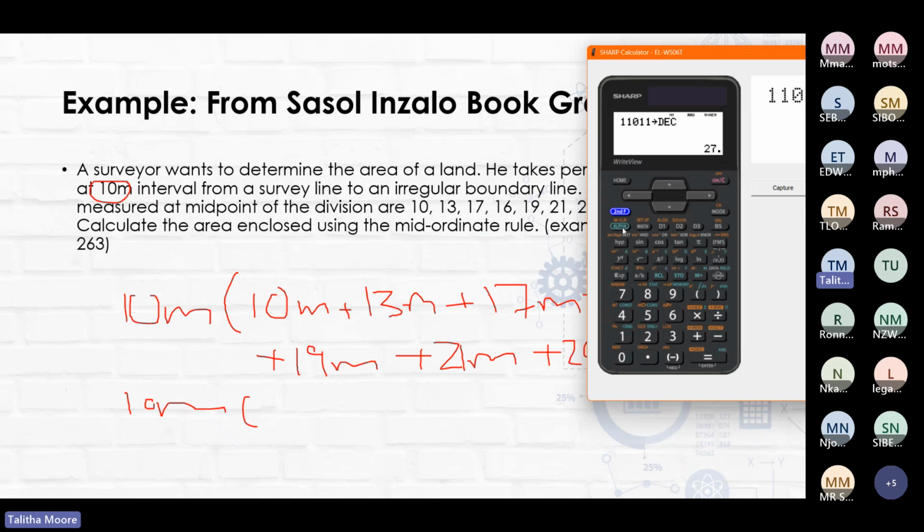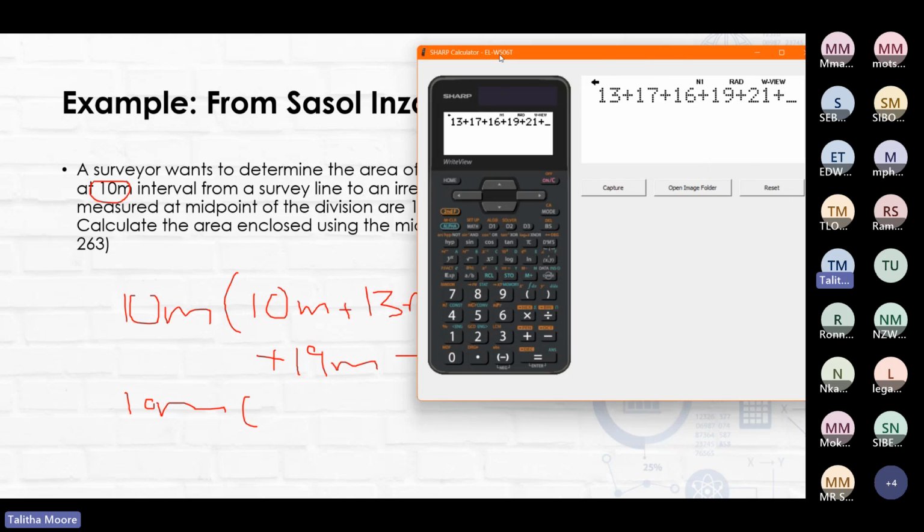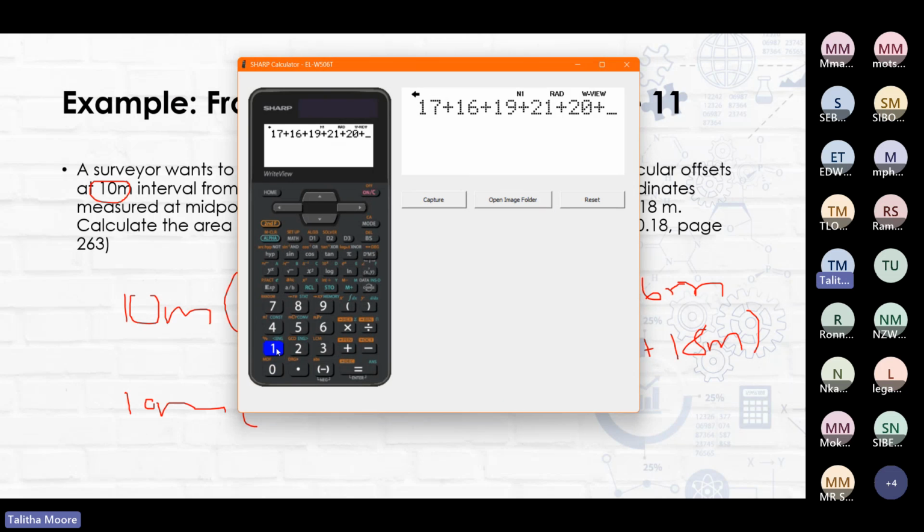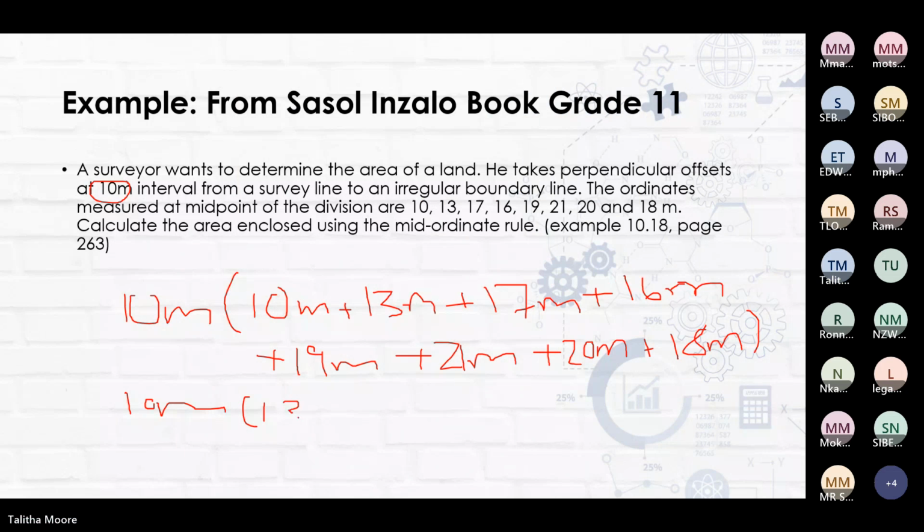So it's 10 plus 13 plus 17 plus 16 plus 19 plus 21 plus 20 plus 18, and that gives us 134.